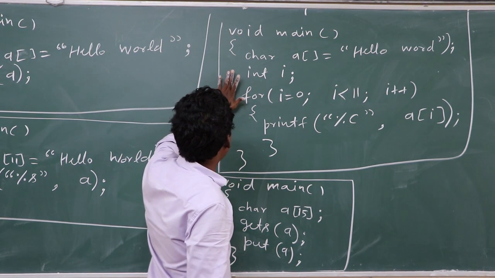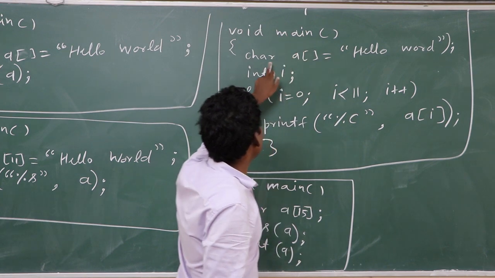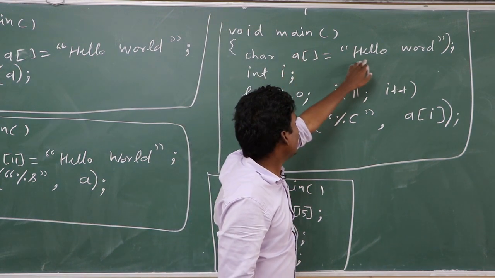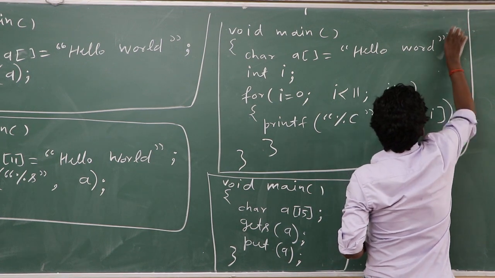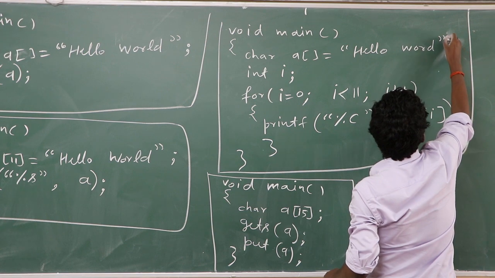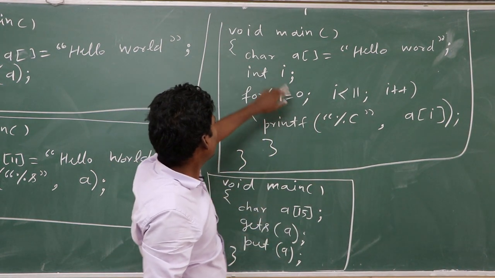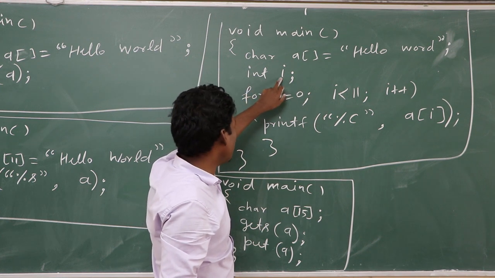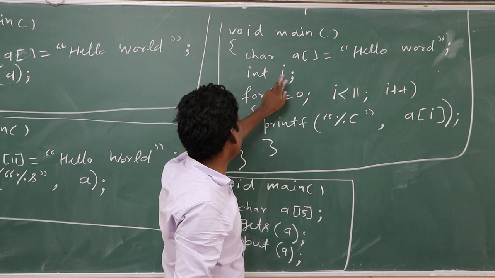The same problem is done by another method, by the third method, void main char a of "hello world". Okay, there is no bracket here, basically there is a semicolon only. Okay, int i, there is a need of i for the for loop, so I declare int i.